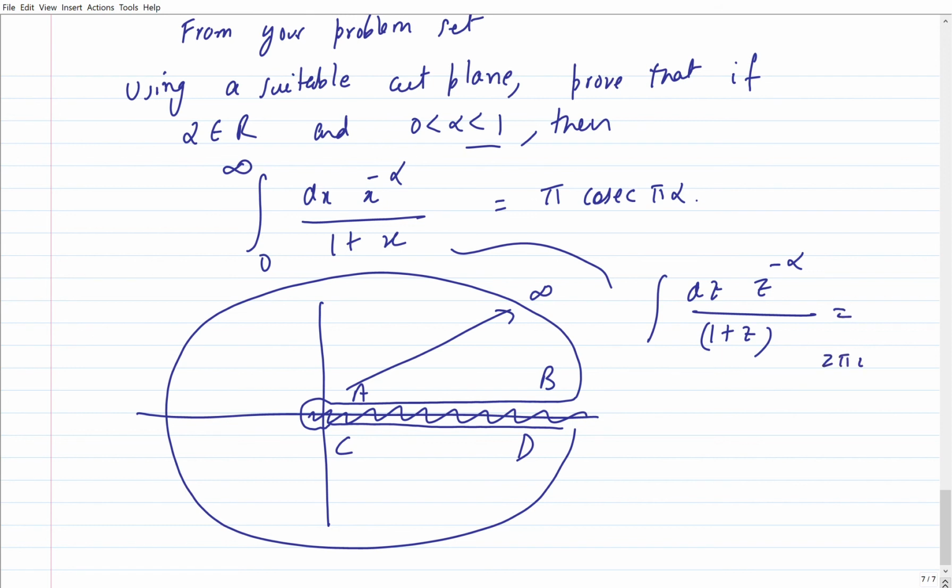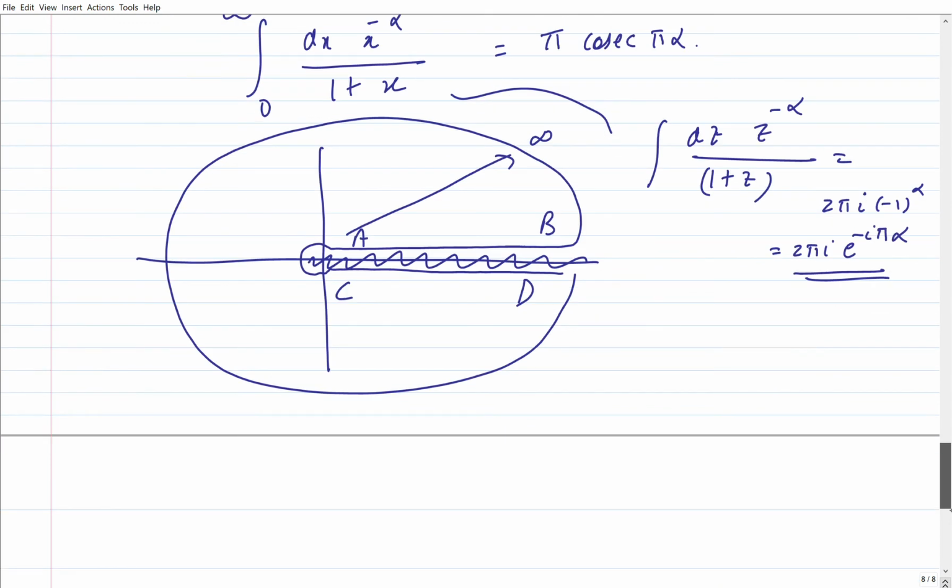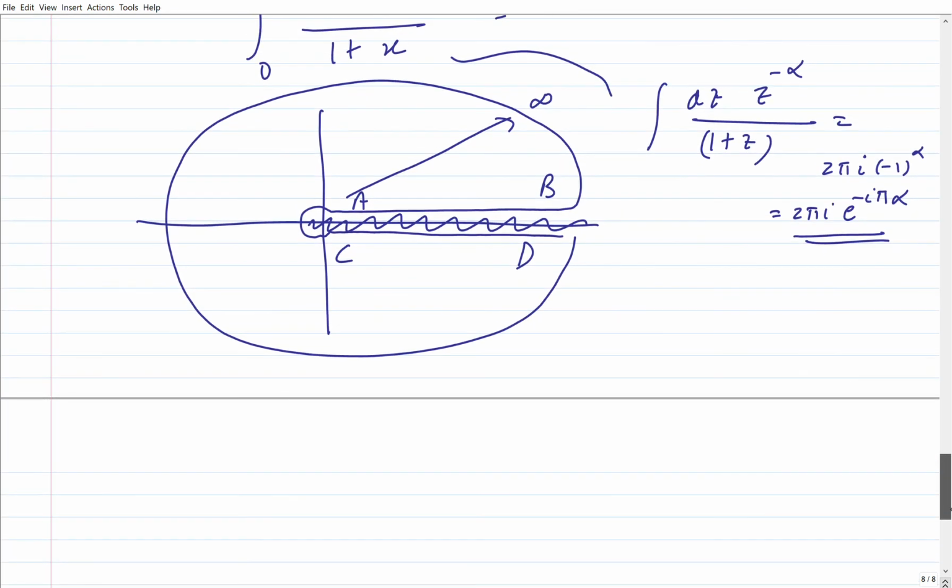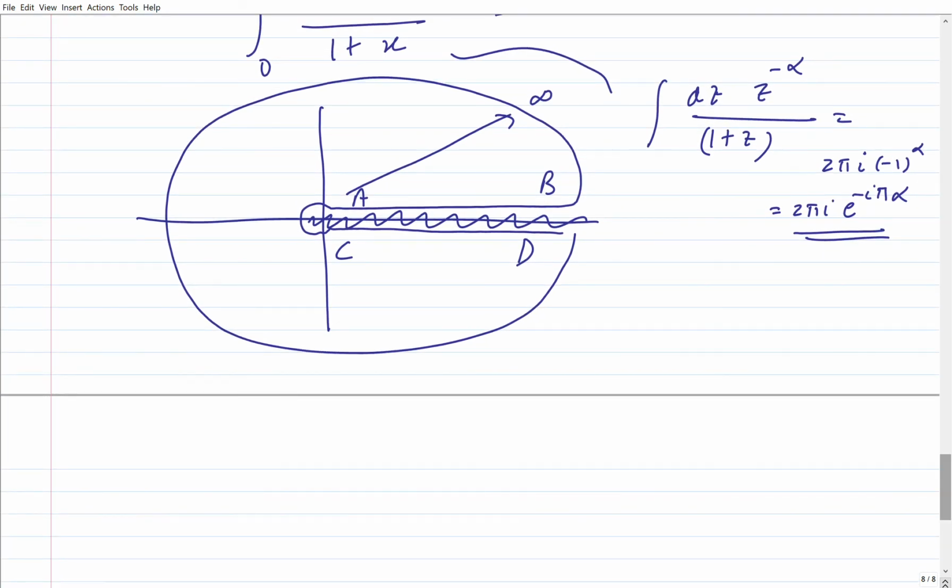and that, according to our standard Cauchy formula, would boil down to 2 pi iota times minus 1 to the power of alpha, or 2 pi iota e to the minus iota pi alpha. And I have to argue that this contour integral is, so mind you, I could have used the residue theorem, which is the most general case, or I could have used Cauchy's integral formula. It's the same thing.